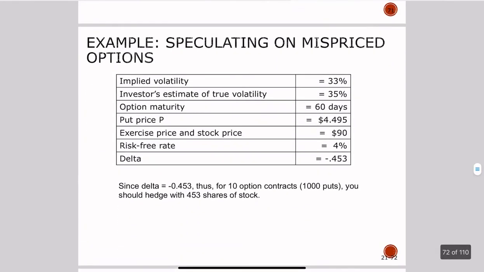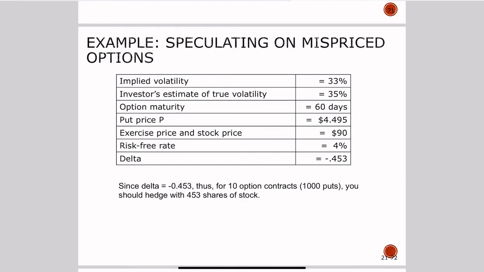Okay, now let's make this more concrete. So let's write down some numbers here. So let's say the current implied volatility from this put option is 33%. And you estimate the correct volatility should be 35%. And you expect in the near future, the implied volatility will catch up.